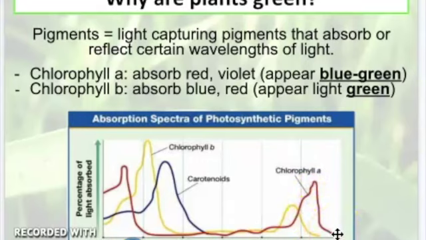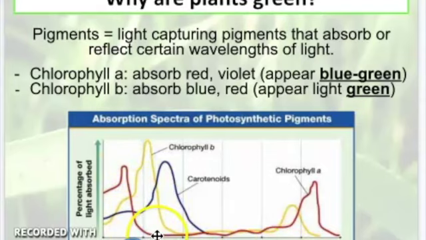So if we think of the colors that are being absorbed as those colors that we are not going to see, we're not really going to see in plants a violet color or an orange and red color. Okay, instead we're going to see what's reflected back.